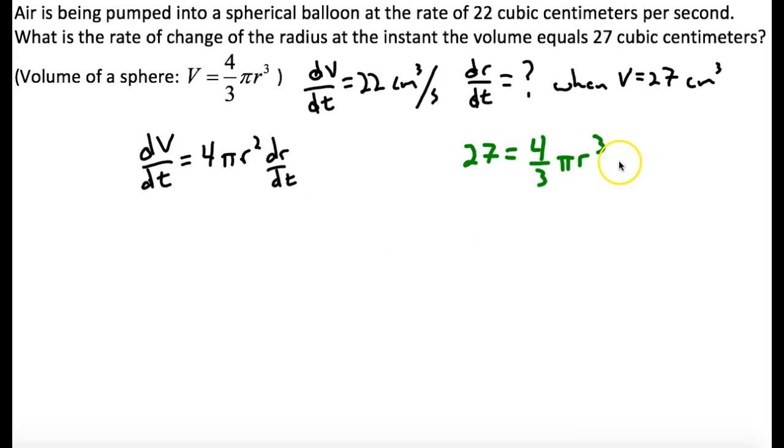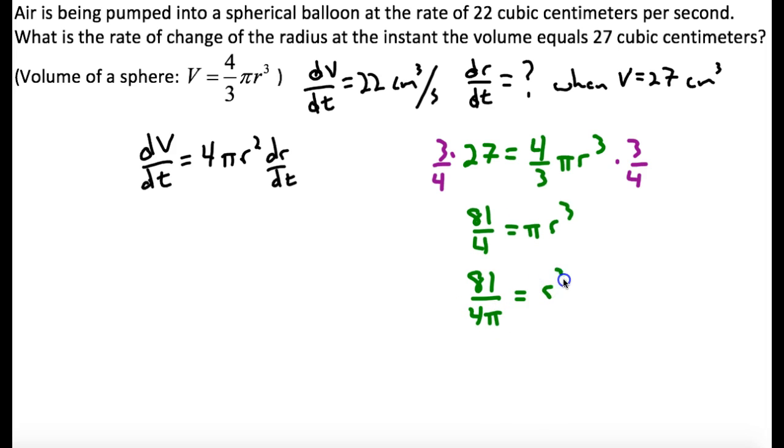So to do that, I will multiply both sides by 3/4. So over here, we get 81 over 4 equals pi r cubed. Now I'll divide by pi. So when I do that, I'll have 81 over 4 pi equals r cubed.